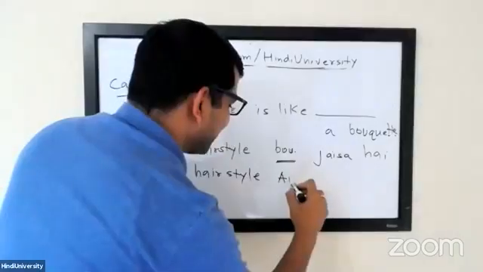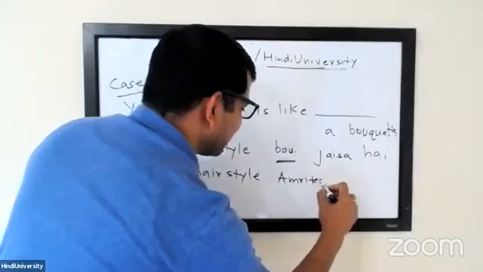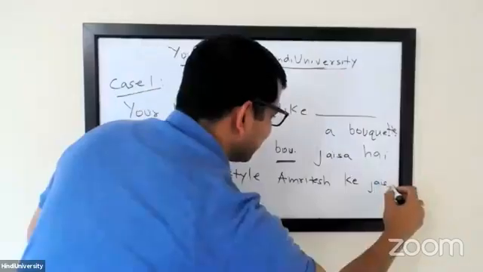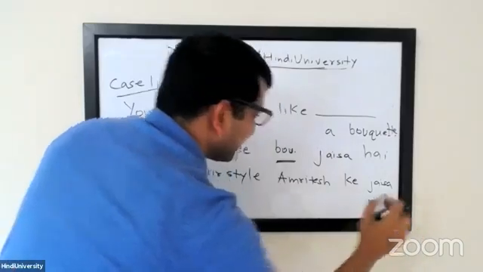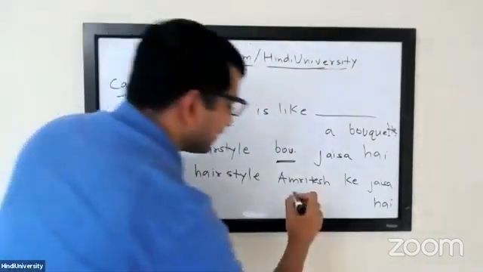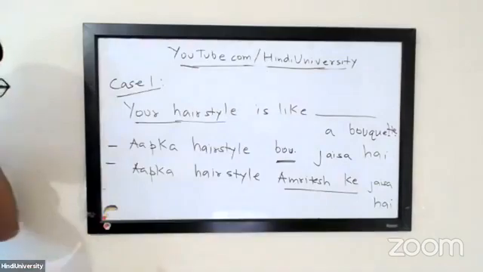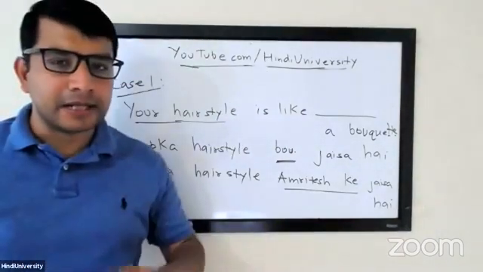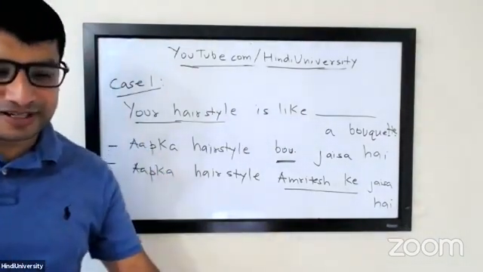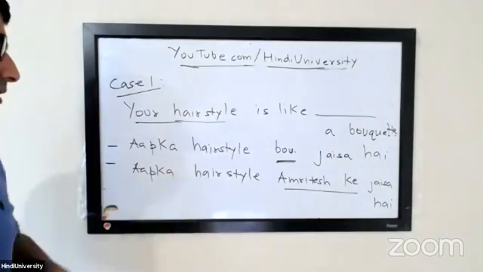Apka hairstyle Amritesh ke jaisa hai. Okay, very good. आपका hairstyle अमृतेश के जैसा है. Good job. In this case you are comparing it with Amritesh's hairstyle, that's why you said Amritesh ke jaisa.